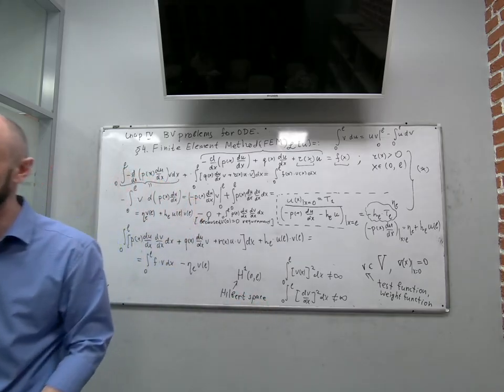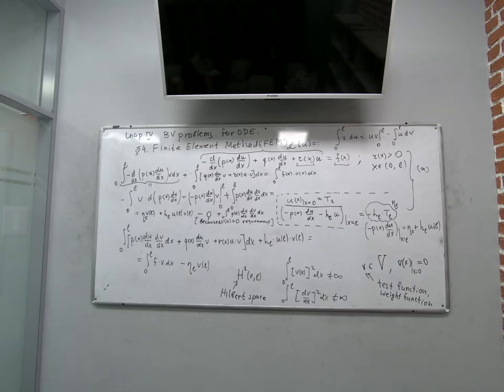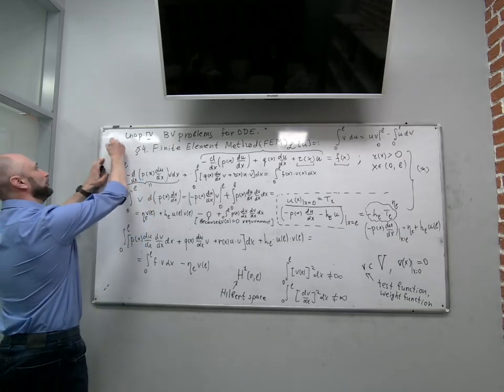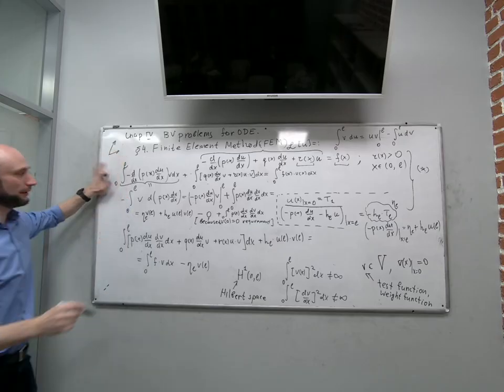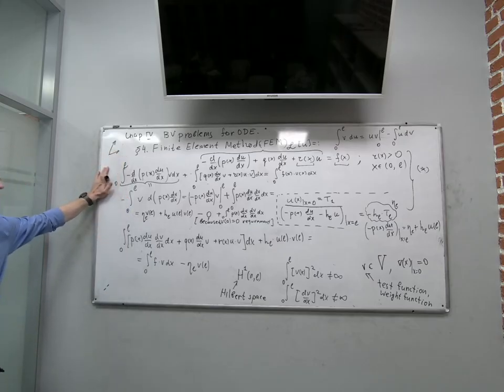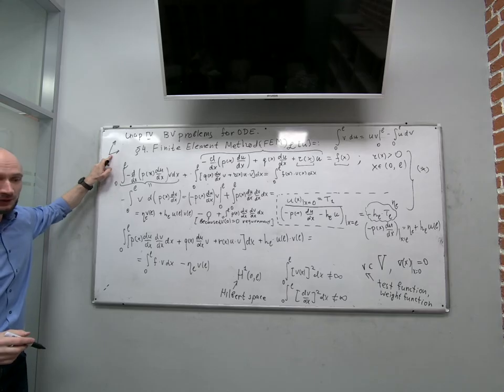Does anyone of you know what the Hilbert space means? Hilbert space of functions is a very simple thing. It is equivalent of Euclidean space for the vectors. If we have two vectors on flat surface, what we can do with those vectors?